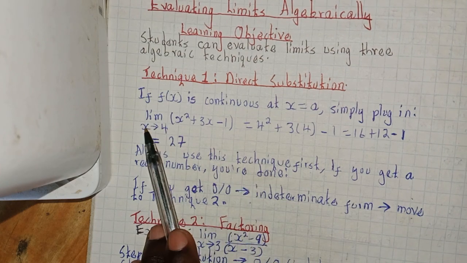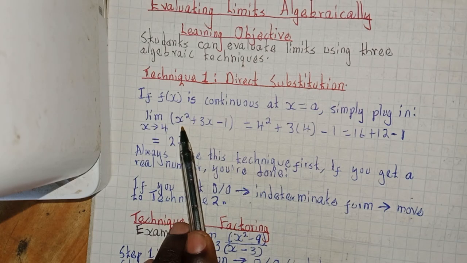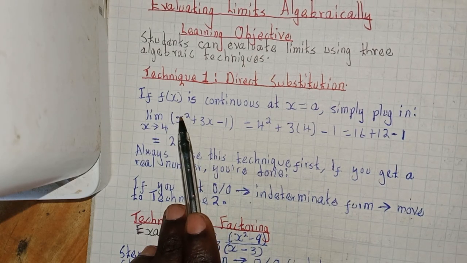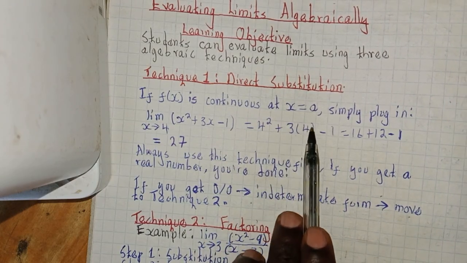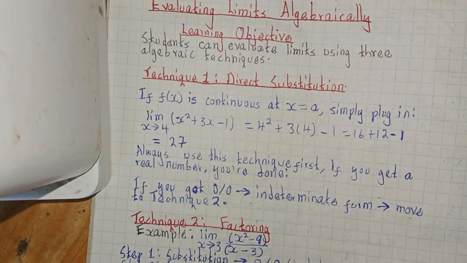In our case, a is 4, so we plug in 4. So it will be 4 squared plus 3 into bracket 4 minus 1, which will give you 24.